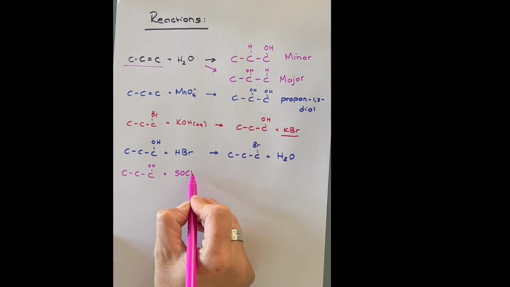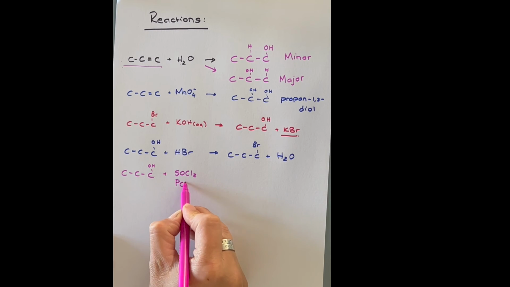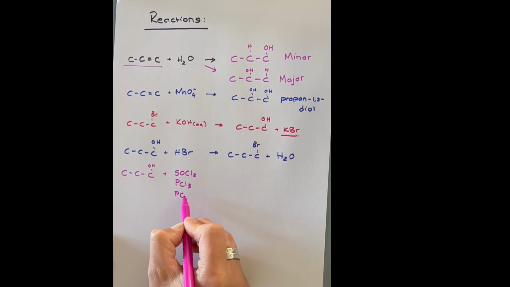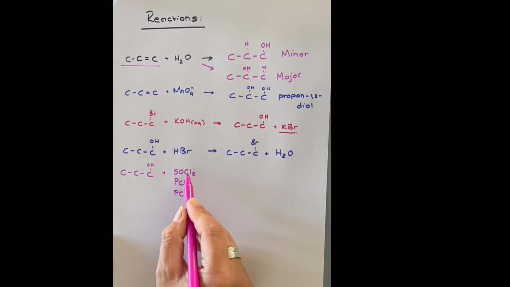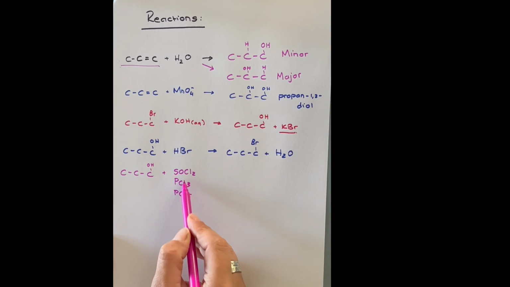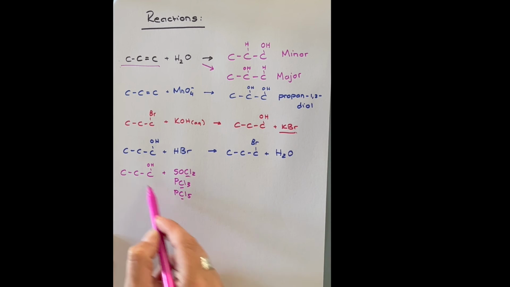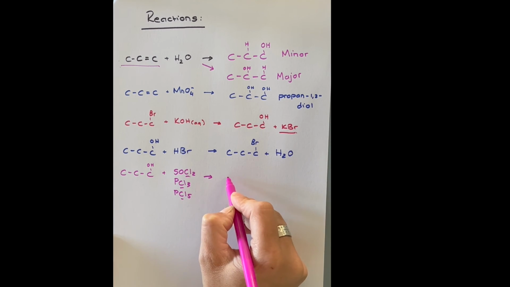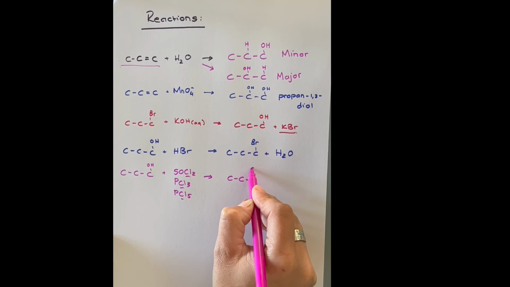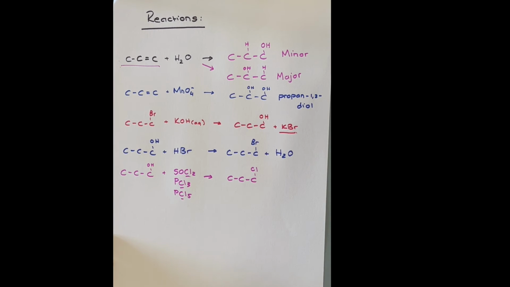I call it SOCl2 or PCl3, PCl5. So SOCl2 and PCl3, PCl5, any of these three, if I add those, the Cl will get swapped with the OH. So in this case, we have a chloropropane that forms. Okay, so SOCl2 and the PCls are the carriers of Cl. So if we want to add Cl, we always use these.